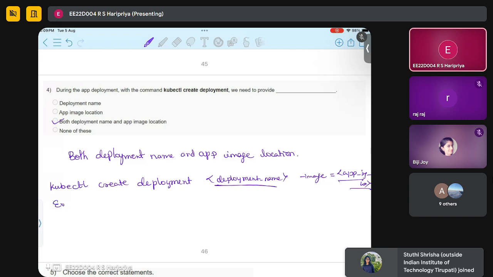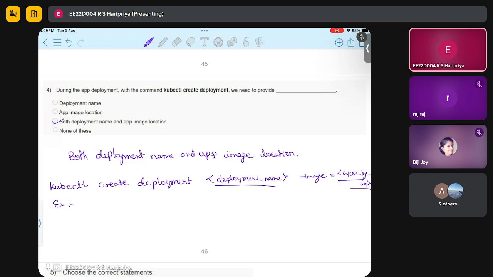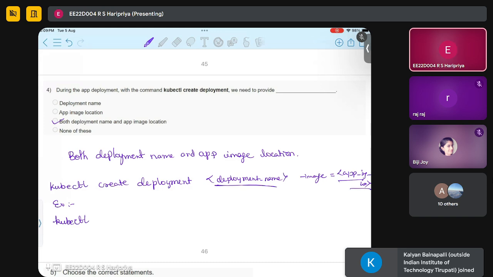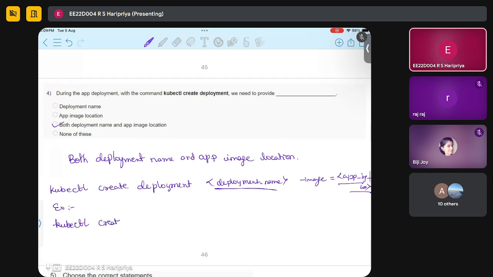So for example, create deployment, say the name, my app, image.